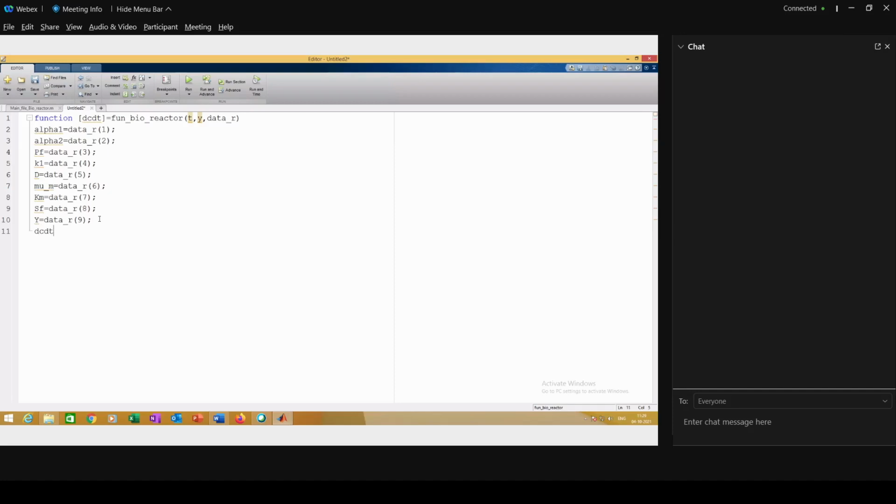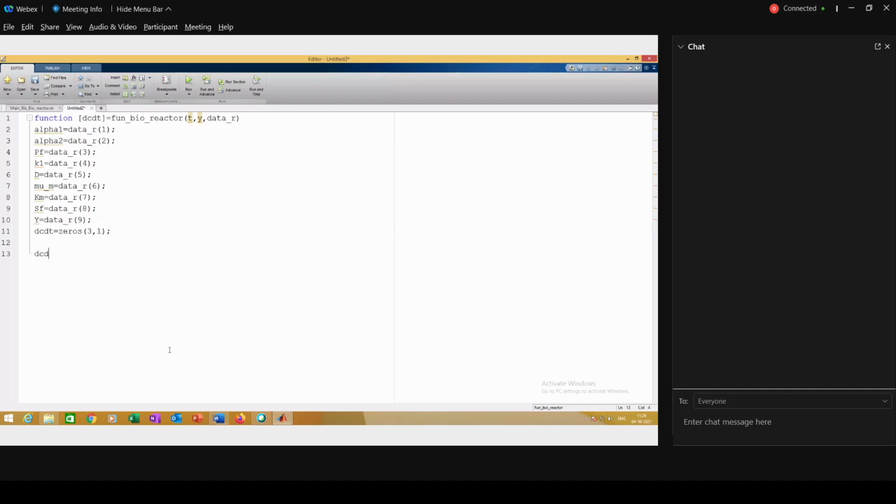So I can write dcdt is equal to zeros(3,1). MATLAB will know that there are three differential equations.